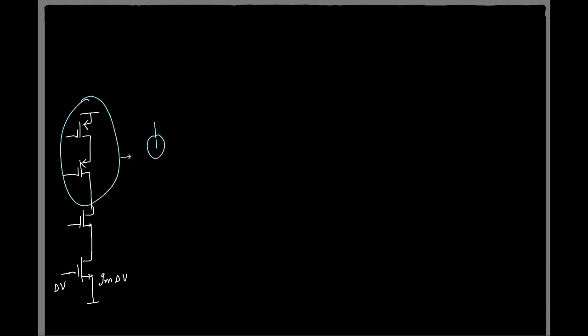So it generates a current gm delta V in response to the increment you apply, and this current was basically buffered by this common gate, and at the top you had a PMOS current source which was also buffered like this, right?